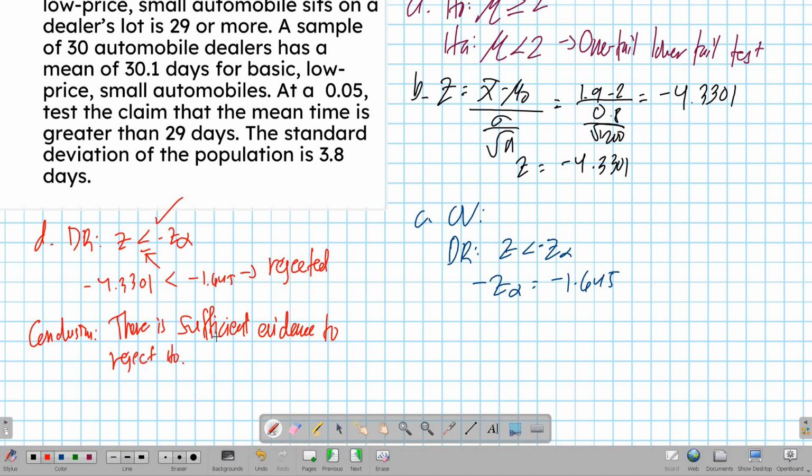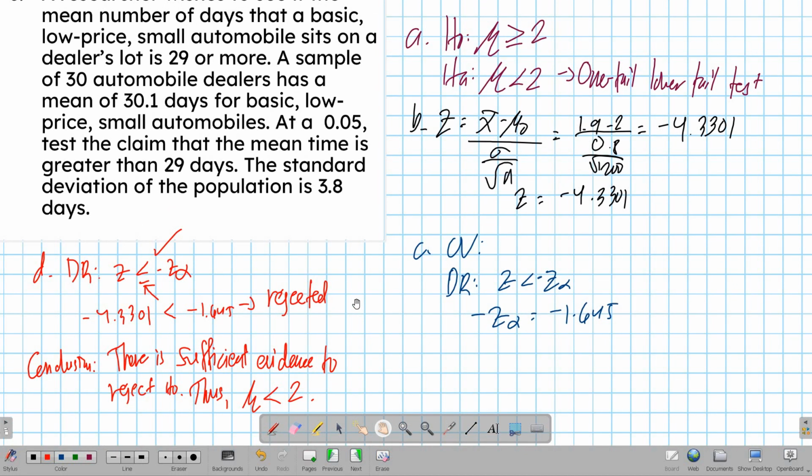Since we have rejected H0, we conclude that the mean is less than 2. So that is now the hypothesis test for number 2.